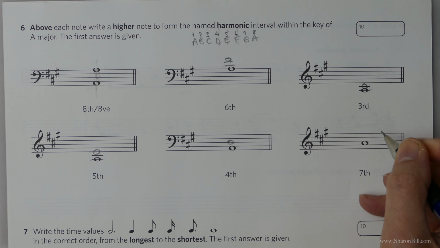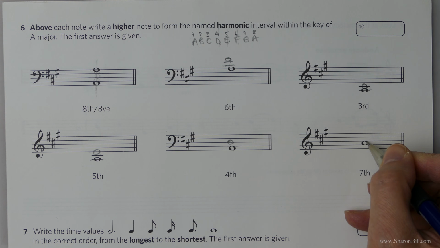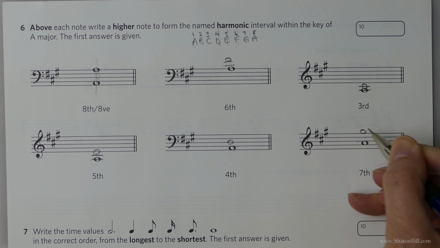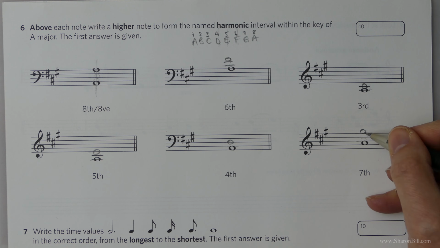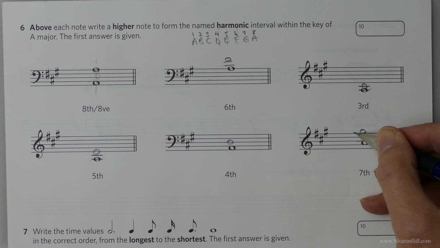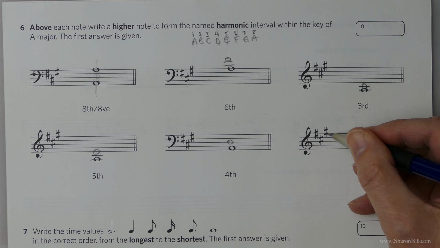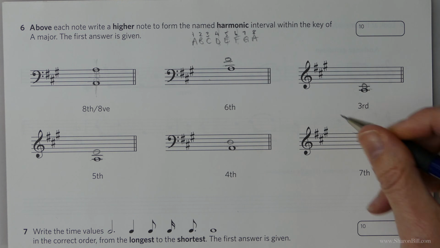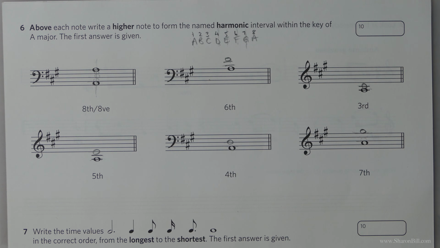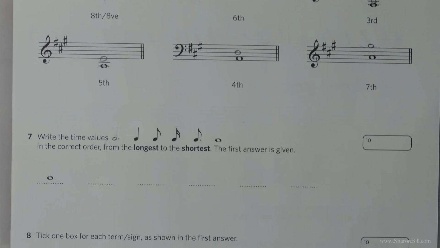Counting from here, A, 1, 2, 3, 4, 5, 6, 7. That takes us to note G. We know that this is G because the lines are every good boy deserves football. That's F. That's G. Of course it's G sharp, your key signature deals with that, and we know that's correct. That's the 7th degree of the scale, so that's soon sorted. Let's press on to the next question.